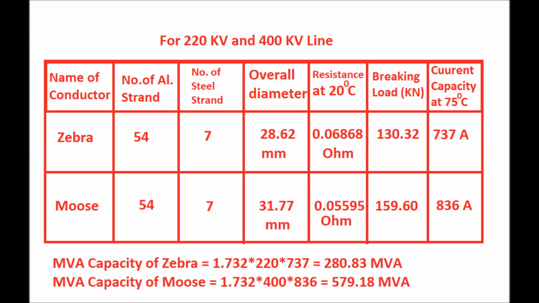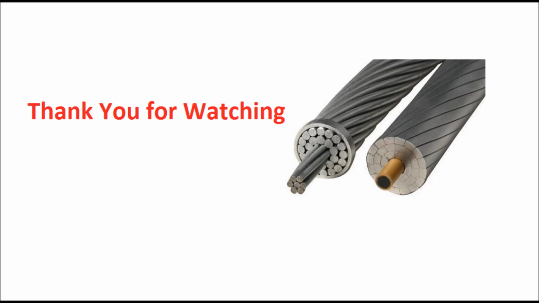The breaking load capacity for zebra is 130.32 kilonewton, and for moose it is 159.60 kilonewton. The current carrying capacity at 75 degrees centigrade for zebra is 737 ampere, and for moose it is 836 ampere. Since the voltage level is different for these conductors, the MVA capacity for zebra is 280.83 MVA, while the MVA capacity of moose is 579.818 MVA.